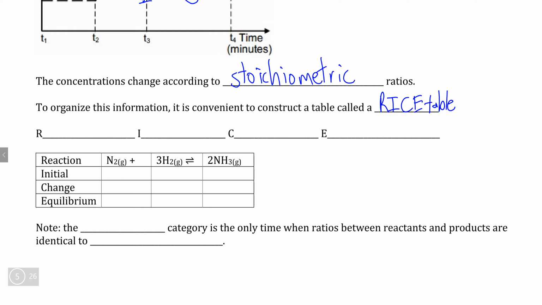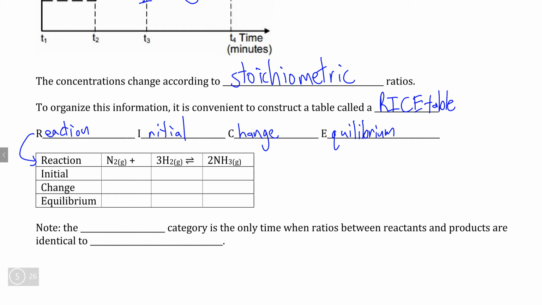Each of the letters in RICE represents a different aspect of the table, so the R is simply a statement of the overall equilibrium reaction at the top, and then each of the ICE represent the 3 different stages of the equilibrium shift: the initial, the change, and when the new equilibrium has been formed.